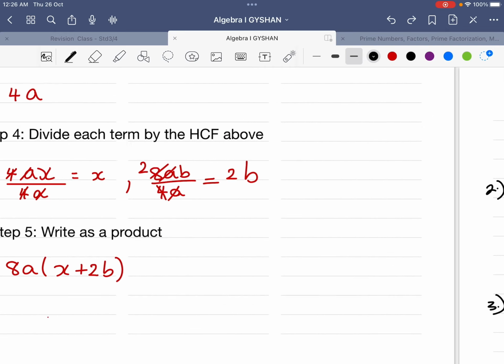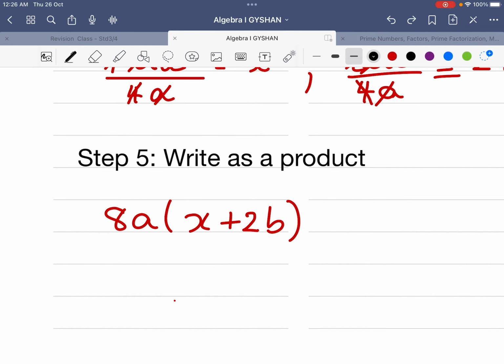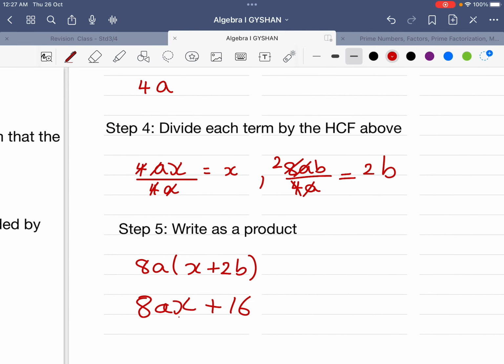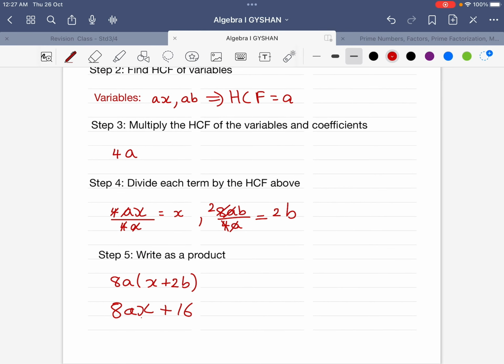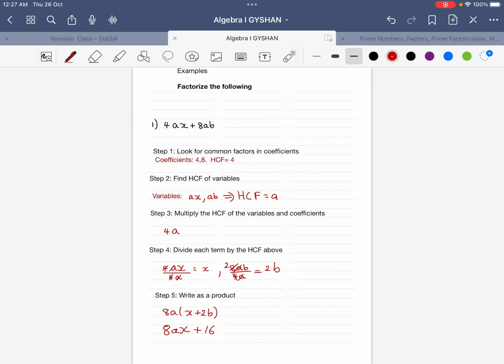So let's see. I think I didn't change this last line.